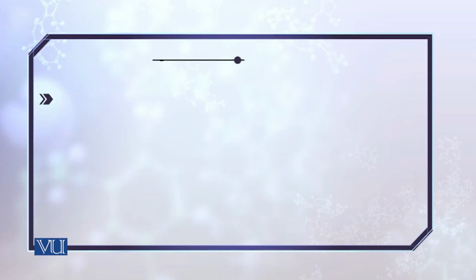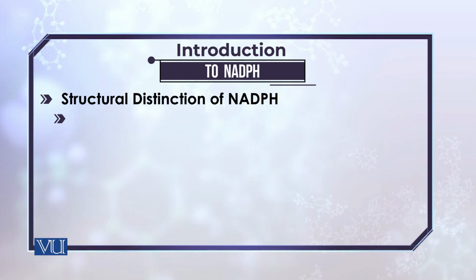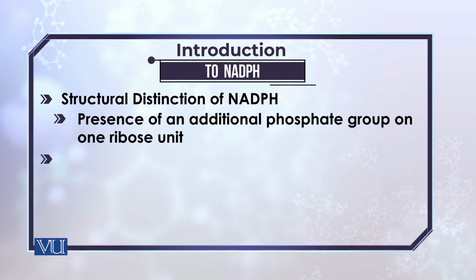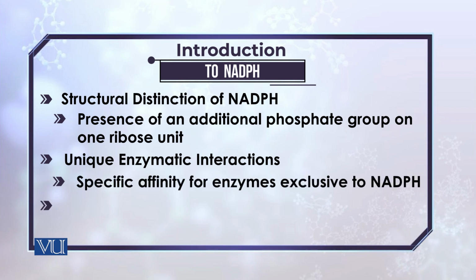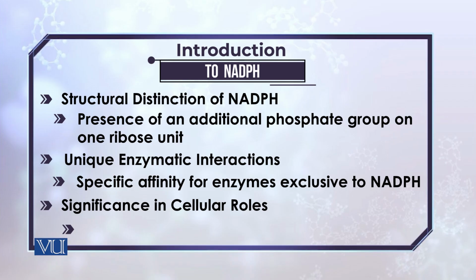As I have already told you, one of the important products of the pentose phosphate pathway is NADPH. It is a very important compound. It is structurally very similar to NADH. The NADH, you know, is so extensively used in the electron transport chain, because it is being donated by the glycolytic and the Krebs cycle pathways, and in the electron transport chain it gives rise to the formation of ATP.